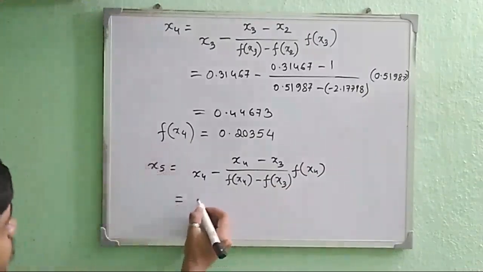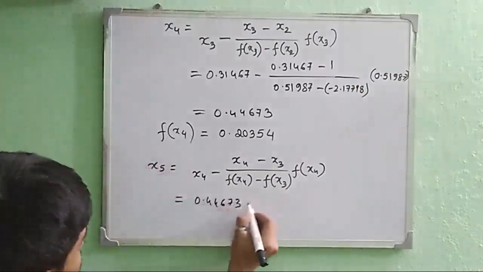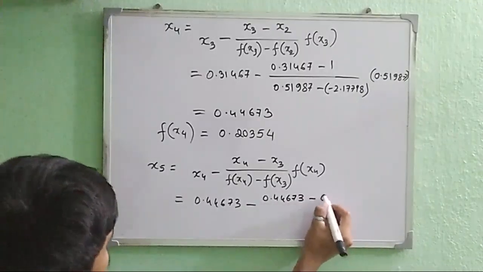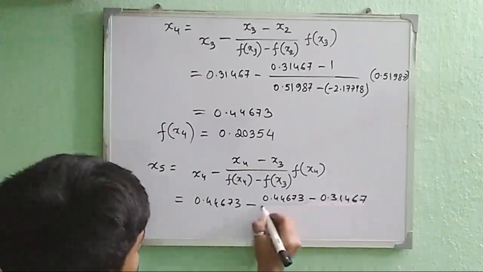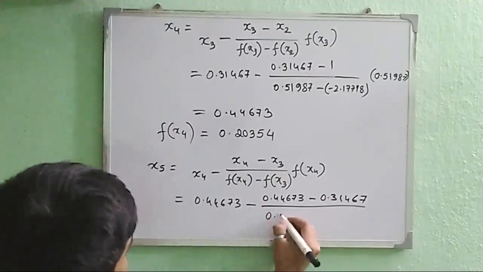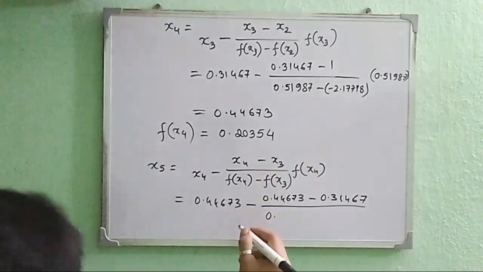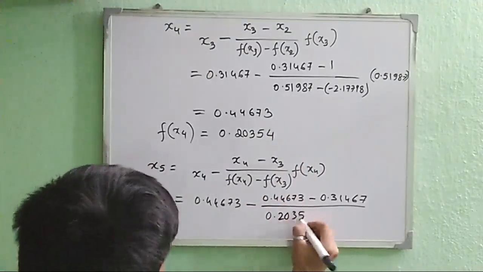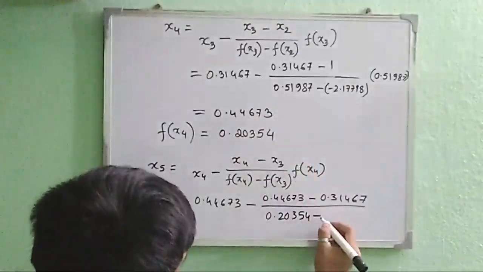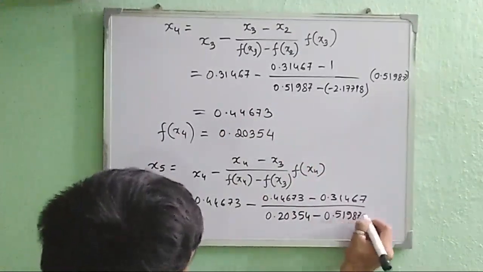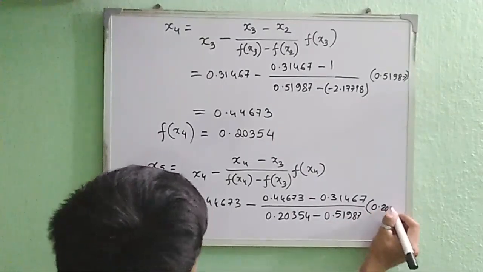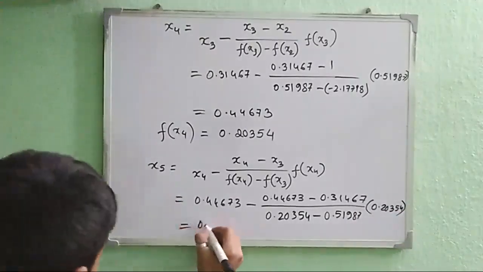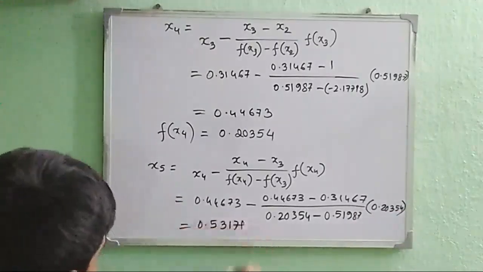So this will be 0.44673 minus (0.44673 minus 0.31467) divided by (0.20354 minus 0.51987), multiplied by 0.20354, and that will be equal to 0.53171.